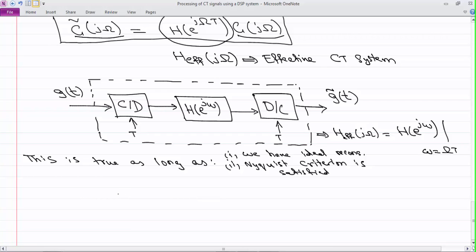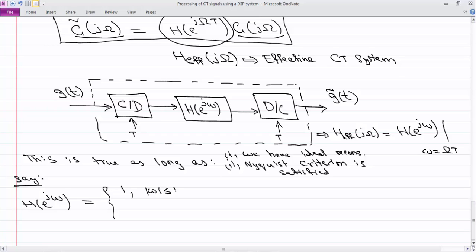So let's take the example where your H of e to the j omega was a discrete time low pass filter. So it was, let's say, 1 for little omega less than or equal to pi by 4, and 0 for pi by 4 to pi, and of course it repeats itself after that.